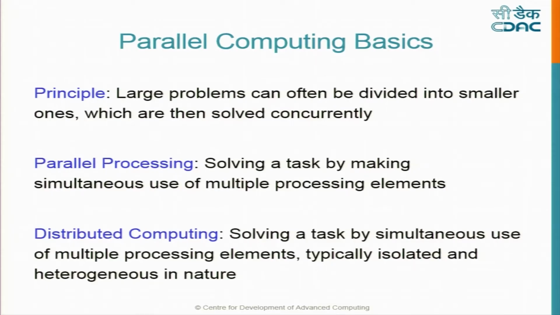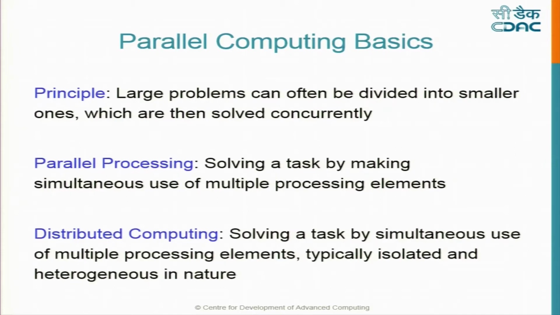That is very close to, and inherently a kind of, parallel computing, but the key lies in the fact that it typically solves tasks which are isolated and heterogeneous in nature. That is what makes it slightly different. Suppose you have 10 desktop computers.